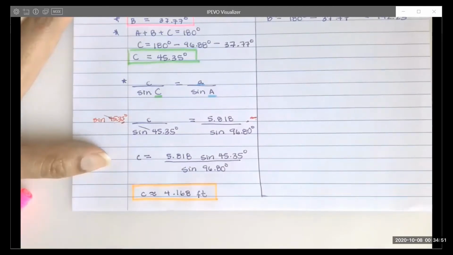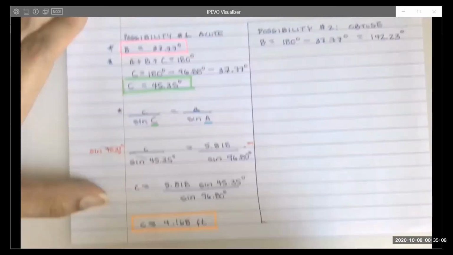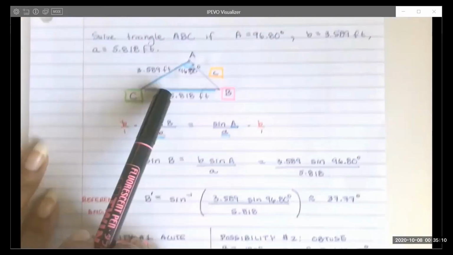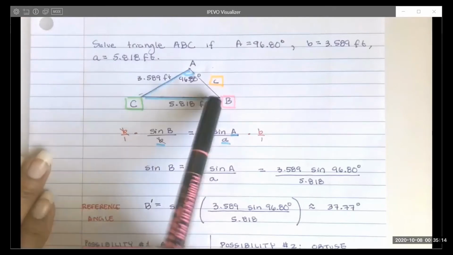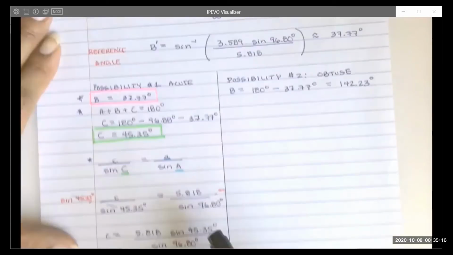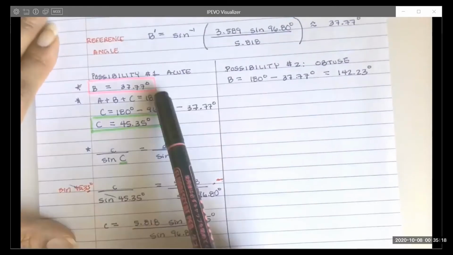Can I ask a question? Yeah, of course. So when you're setting the law of sines equal to each other, you're going with the given first, right? Yes, exactly. Because we do have the option of using side B and angle B, because by the time we're at this step, we already know what B is.